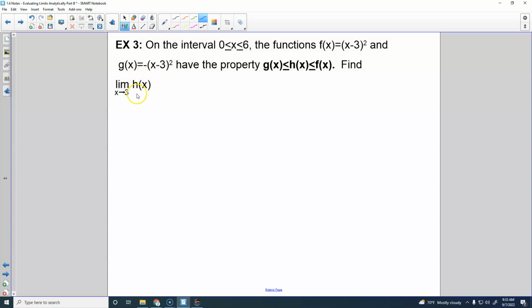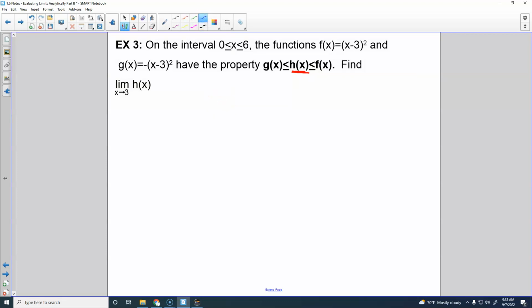Do we know the equation for h of x? We are not given the equation for h of x, but h of x is my middle function here, right? So as long as the bottom function and the top function both have the same limit, then I can use squeeze theorem to prove that h also has that same limit.